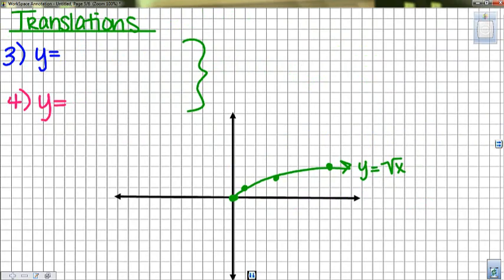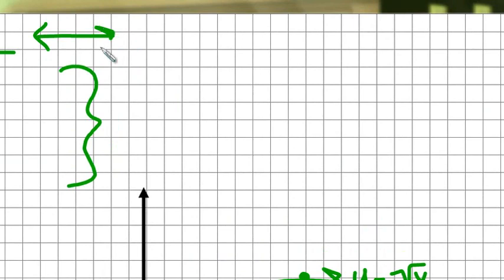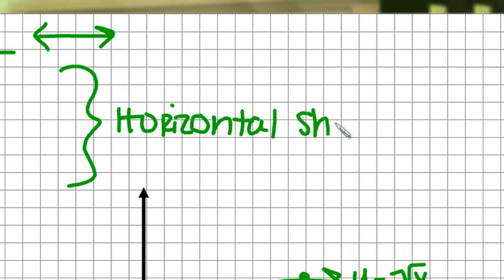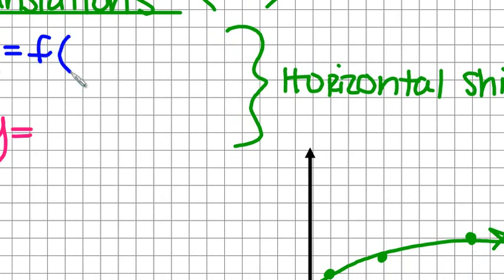All right, the other 2 translations are your horizontal slides. Okay, and so they could be called horizontal shifts. Left and right. And in your equation, that's happening in your function.